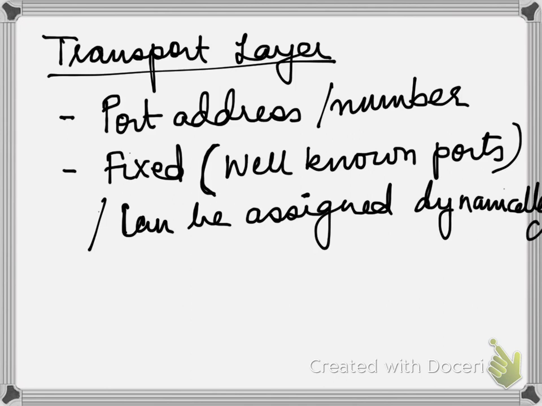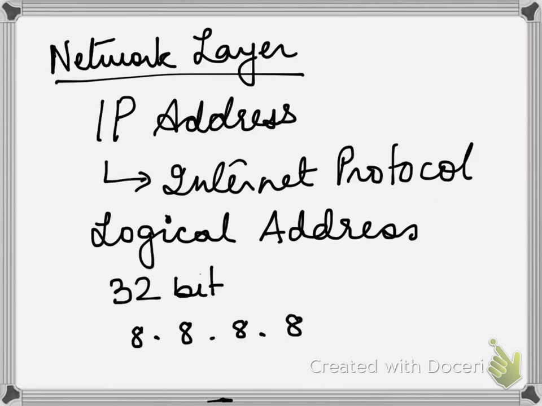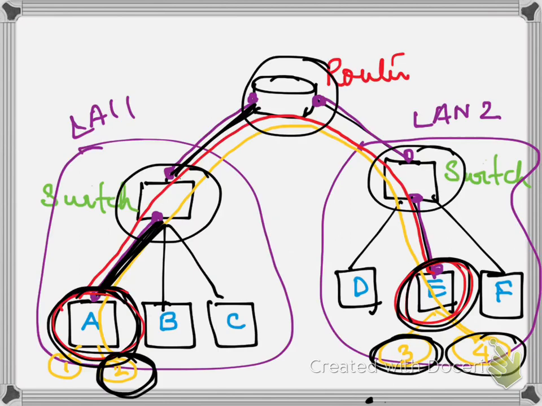So in the transport layer, the source address would not be only the IP address, it would be the port address of process 2, and the destination would be the port address of process 4, which is running in E. The IP address will help you identify the device in a network.